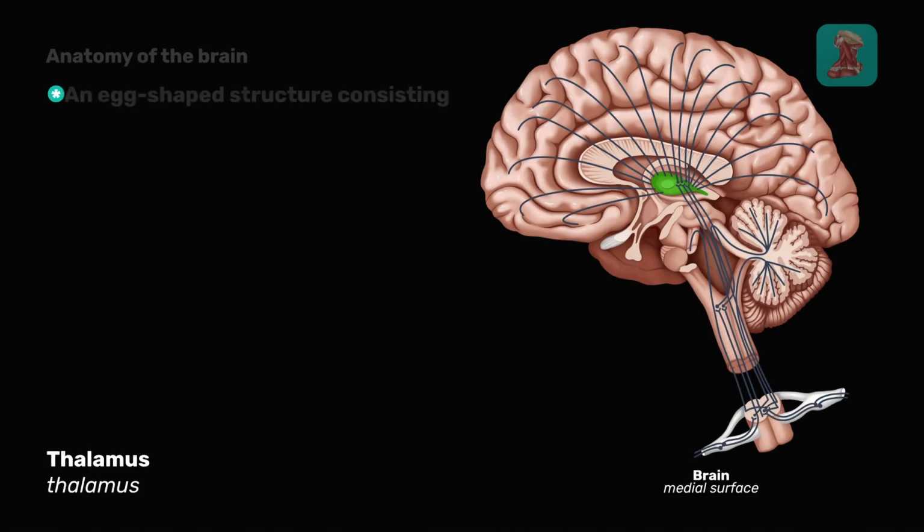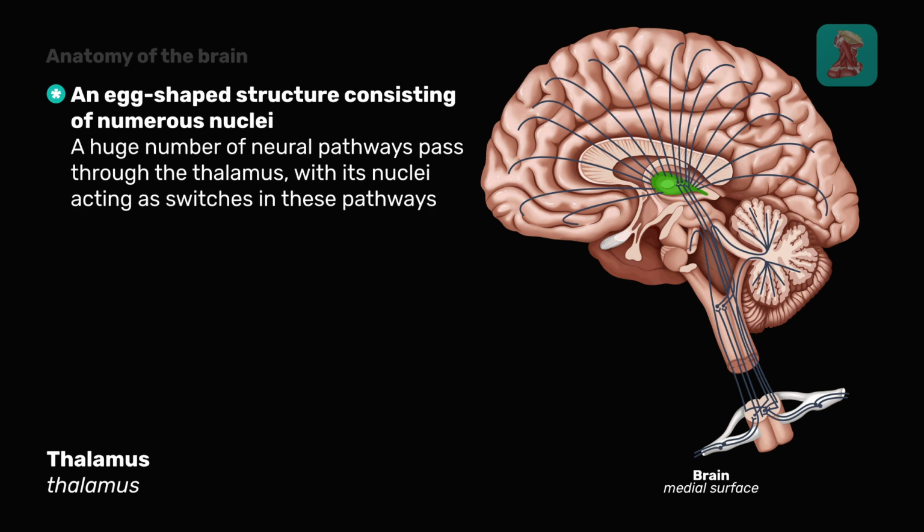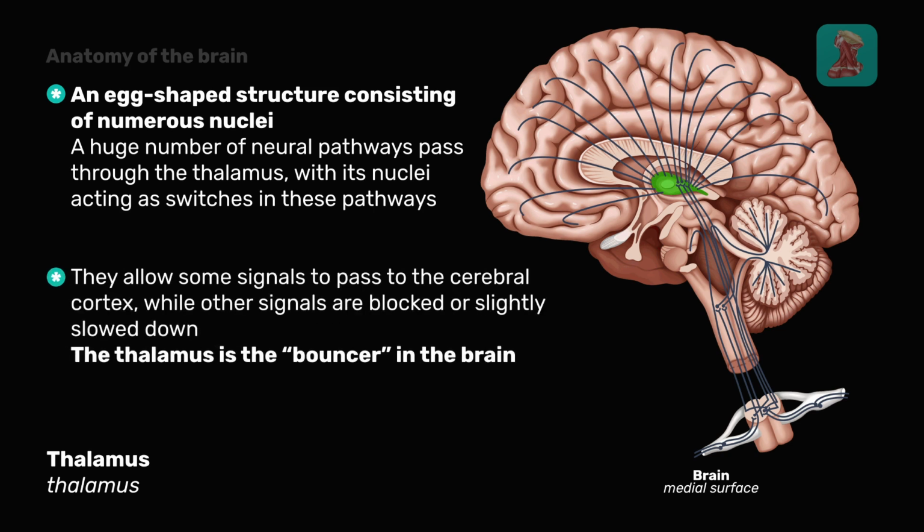The thalamus is an egg-shaped structure consisting of numerous nuclei. A huge number of neural pathways pass through the thalamus, with its nuclei acting as switches in these pathways. They allow some signals to pass to the cerebral cortex, while other signals are blocked or slightly slowed down. In general, the thalamus serves as a sort of bouncer in the brain.